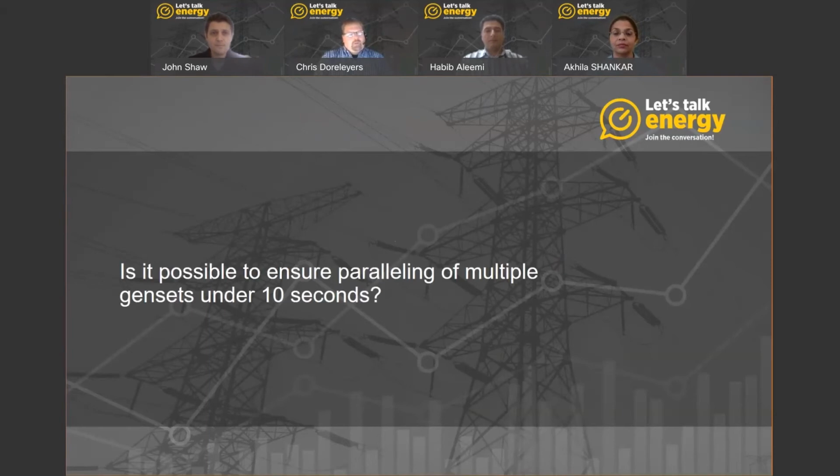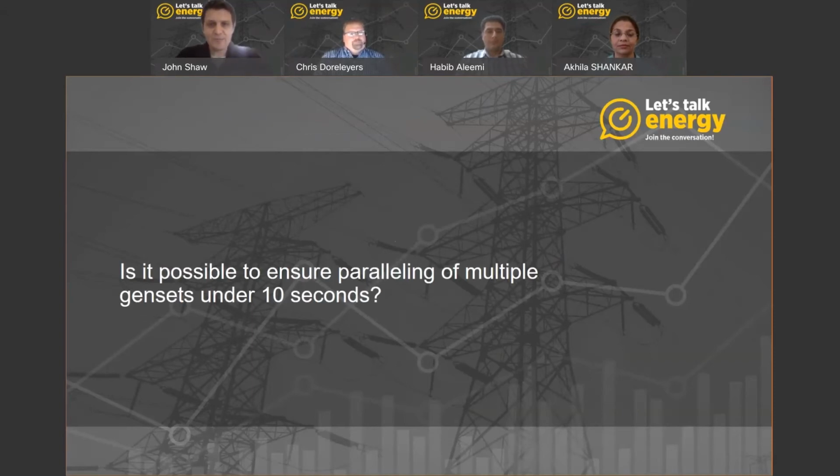This allows multiple high-capacity generators to be paralleled at the same time to deliver the required output power to building loads. This is particularly useful when there is a requirement to power large critical loads, as Akhila mentioned above, within a 10-second period. Over to you.